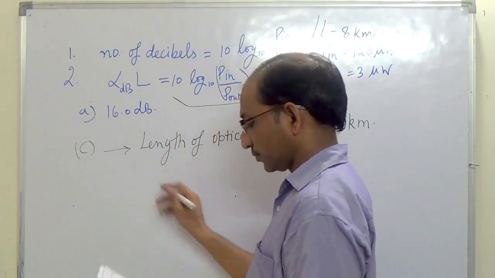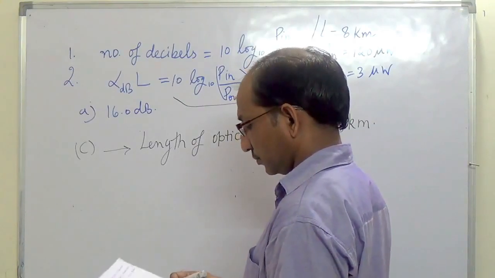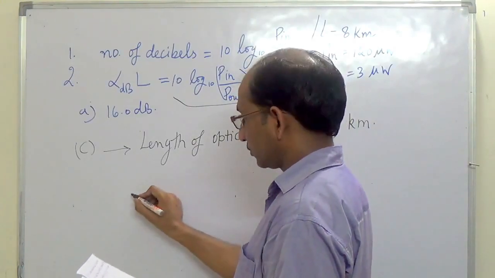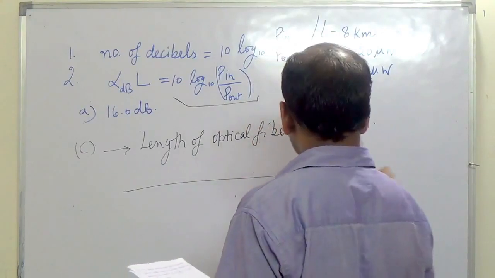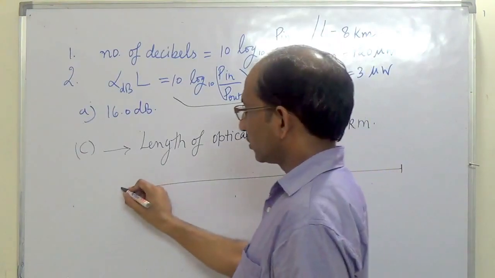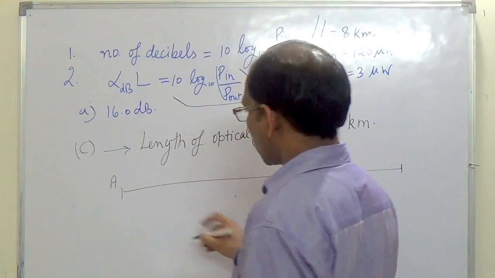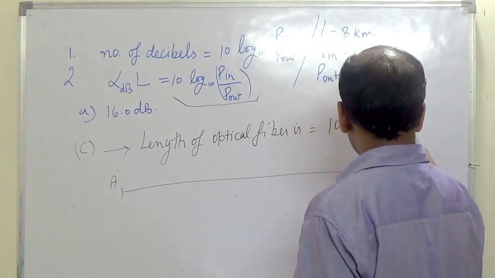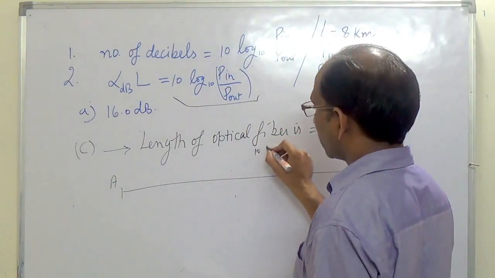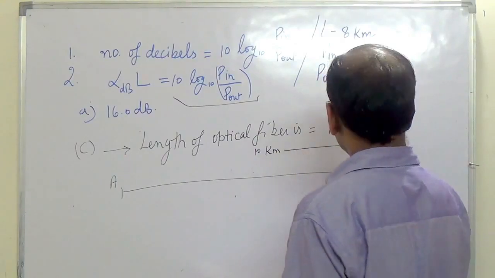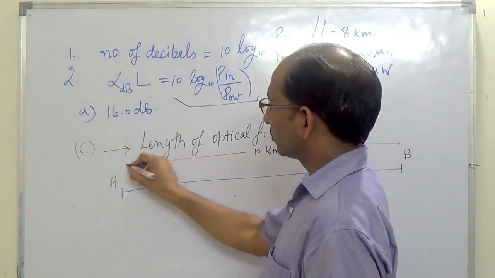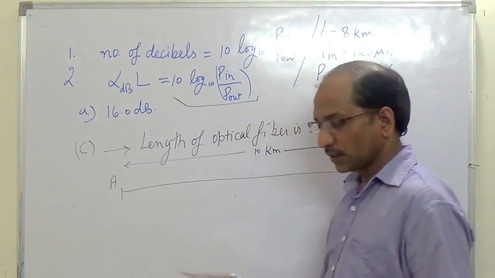So if this is the length, it starts from A to B, this is 10 km. Right.